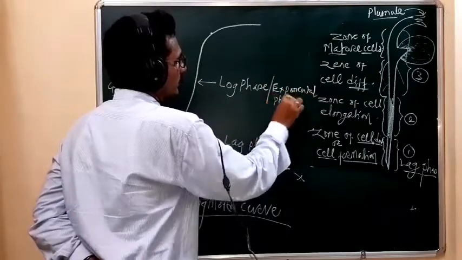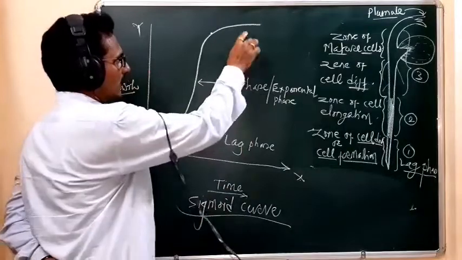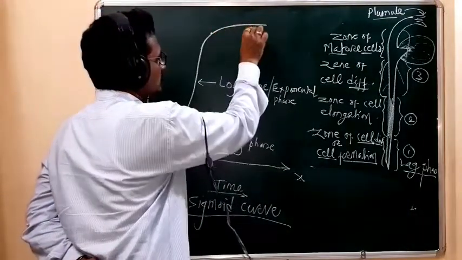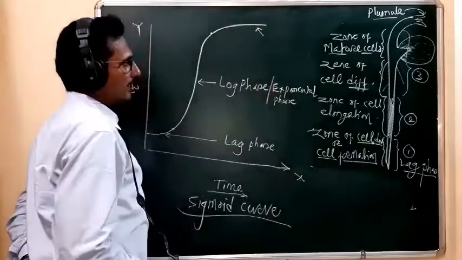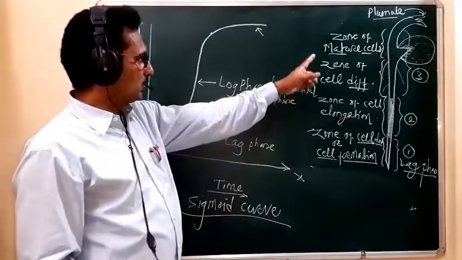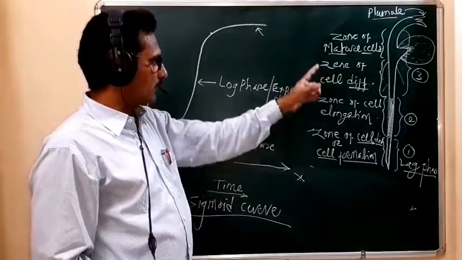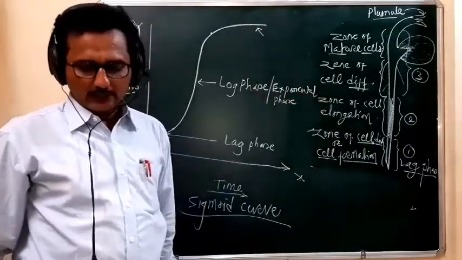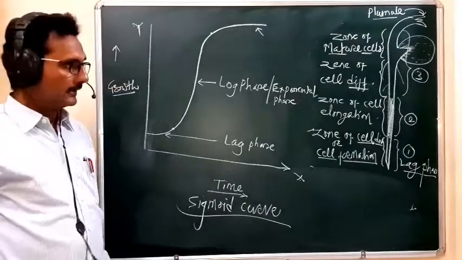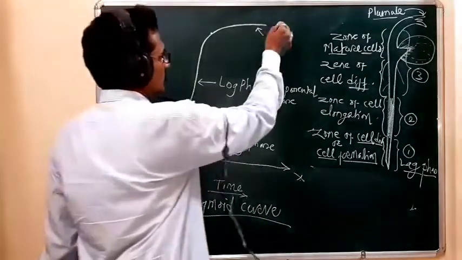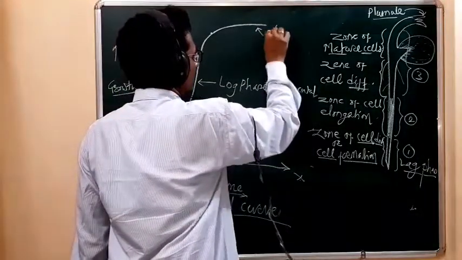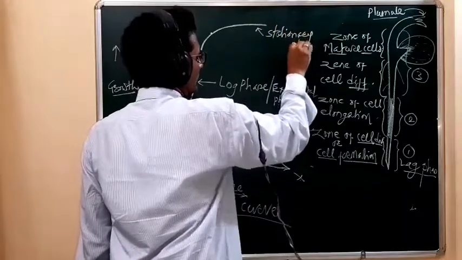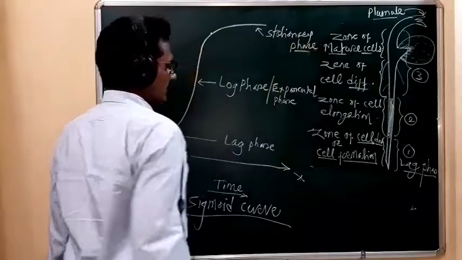And this last phase includes the zone of maturation, or the zone of cell differentiation. This phase is also called the stationary phase. Okay, this is the stationary phase.